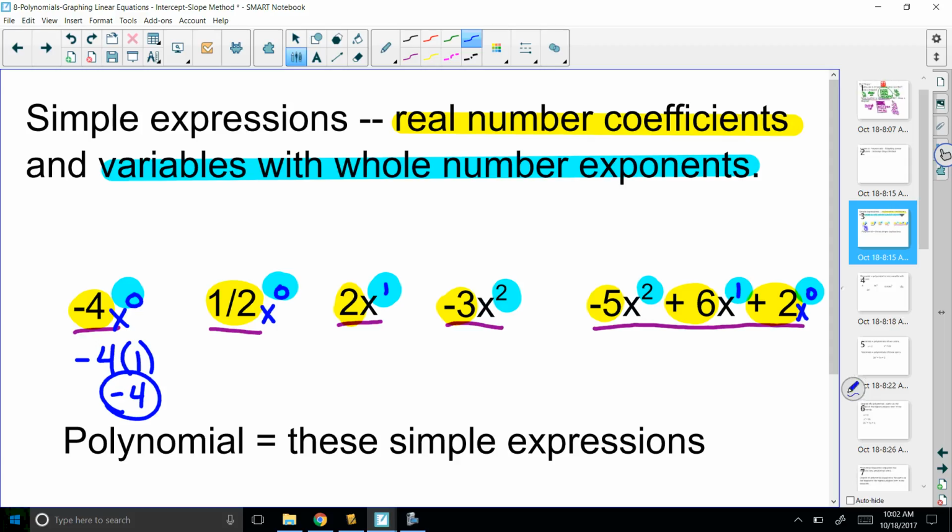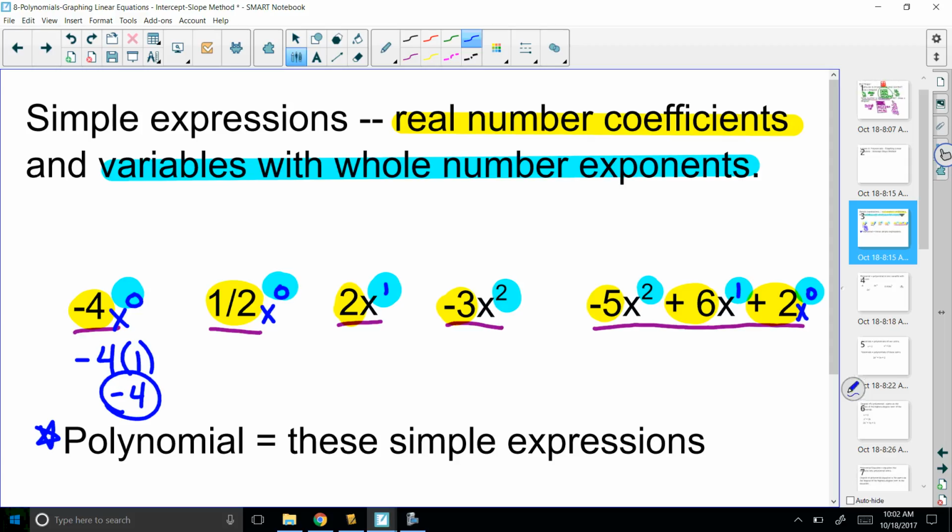They're not fractions, which is rational numbers. They're not a decimal that can be written as a fraction, which is your rational numbers again. They are whole numbers. When I start talking about each one of these examples up here that I have underlined in purple, they come up with a name to refer to all of them instead of just saying simple expressions.